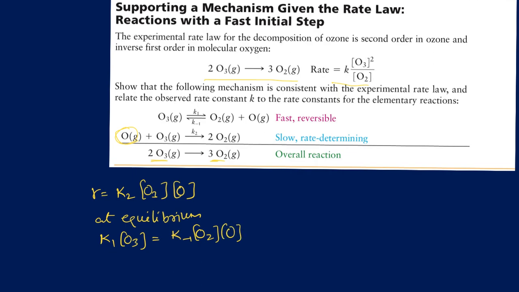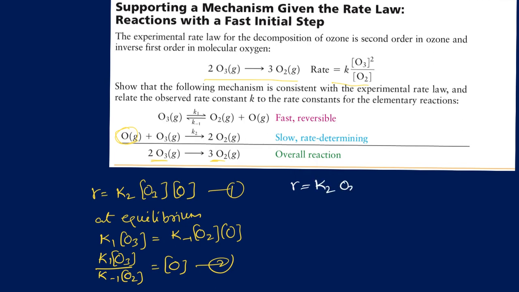Now we want only O, meaning K1 O3 concentration divided by K minus 1 O2 concentration is equal to O concentration. Equation 1, equation 2. From equation 1 and 2, I will write R is equal to K2 O3. In this O place I can write K1 by K minus 1, O3 concentration, denominator O2 concentration.